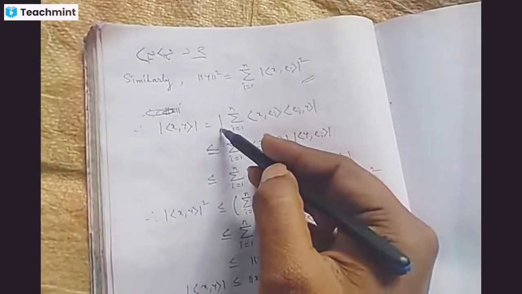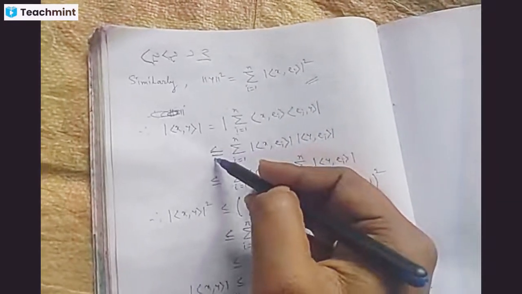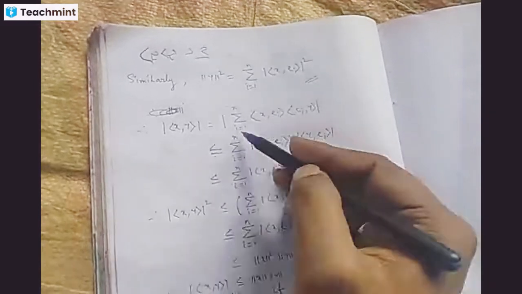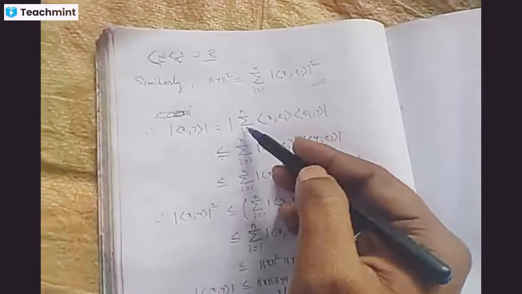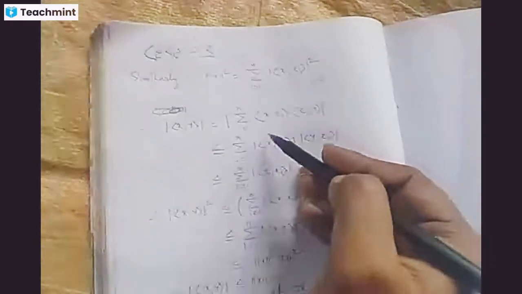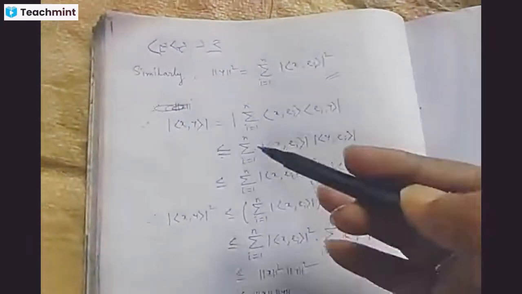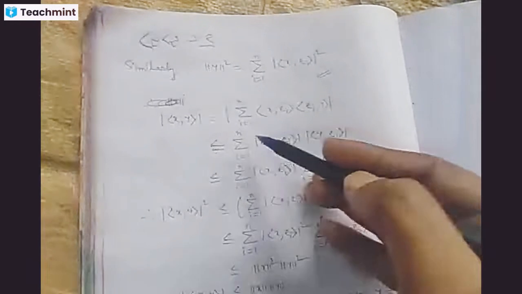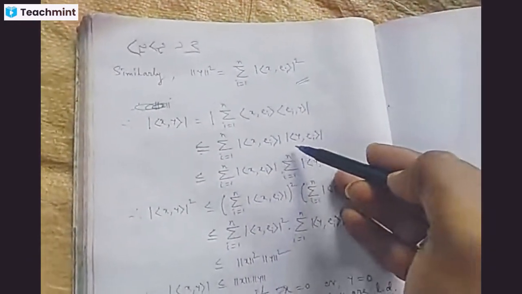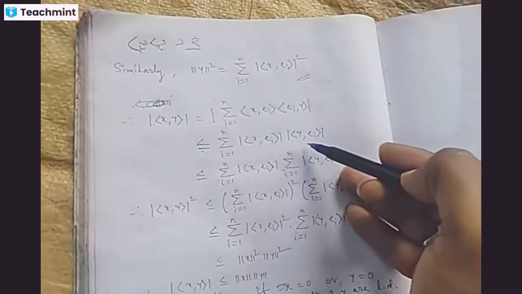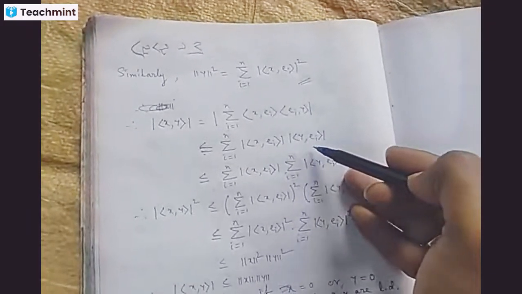If we wish to take the modulus on the terms, not on the summation, then this will be less than or equal to. We know that less than or equal to exists if we take the summation out of the modulus form. So less than or equal to summation i equal to 1 to n of the modulus of the inner product x e_i and the modulus of the inner product y e_i.